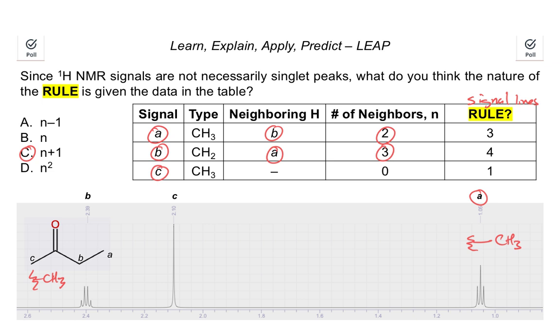That gets you 1 line. So when you go through that, you'll ultimately conclude that it is the n+1 rule. That determines the splitting when you do your second approximation. Any questions?